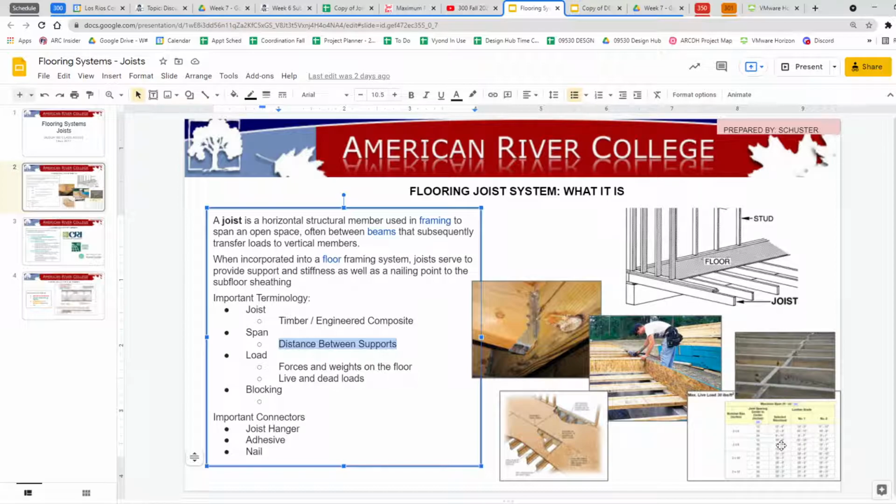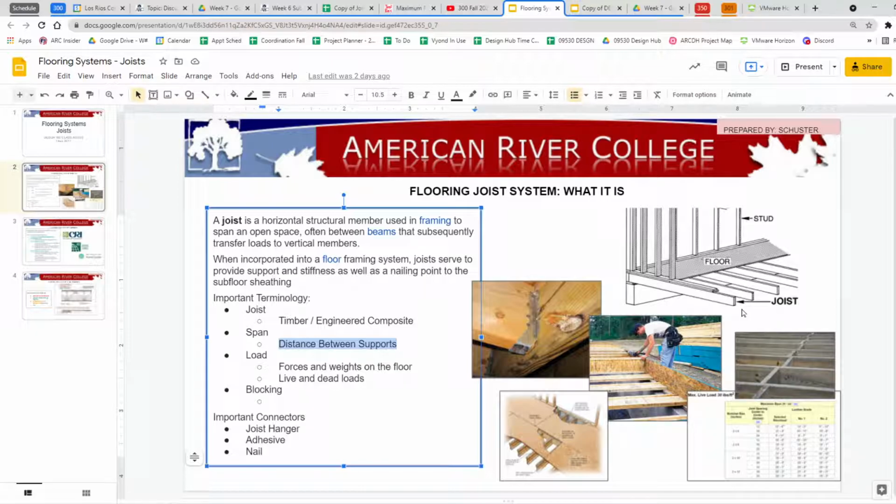And so these little tables over here are set to tell you if you have a certain type of wood at a certain size, 2x8, 2x10 or whatever, and a certain standard load, depending on how the building is being used, then you can put your span as much as some maximum number, as much as 15 feet, as much as 20 feet.